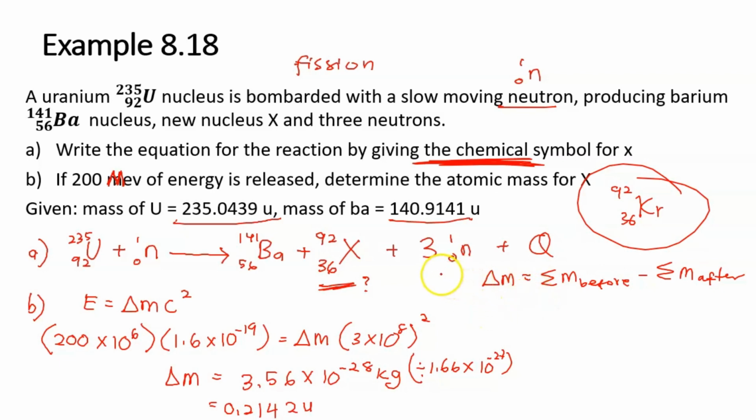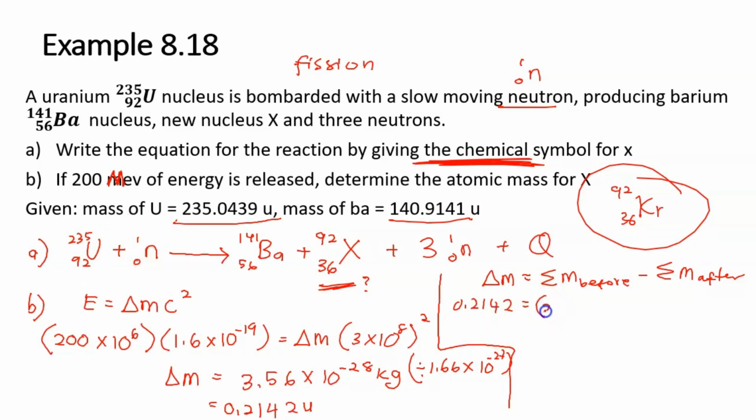Alright, so now delta M is 0.2142, equal to mass before. From the equation we see that mass before is the mass of uranium plus the mass of neutron.